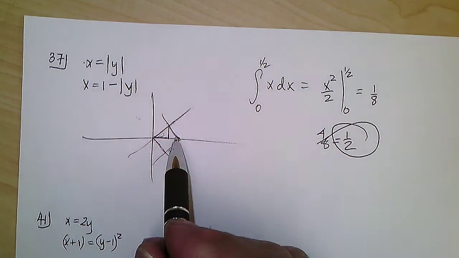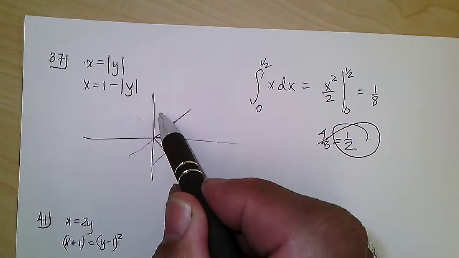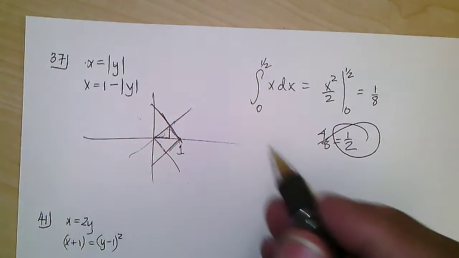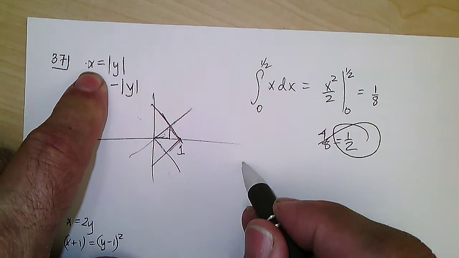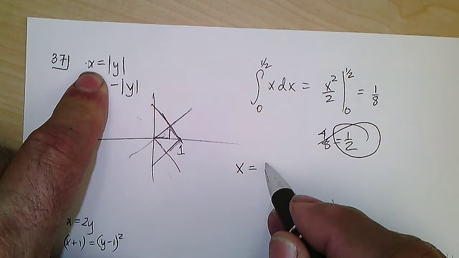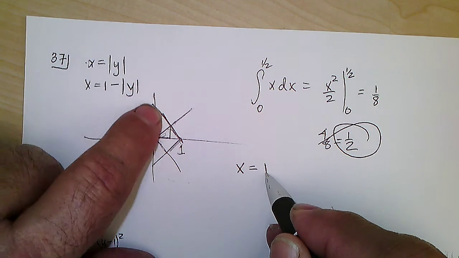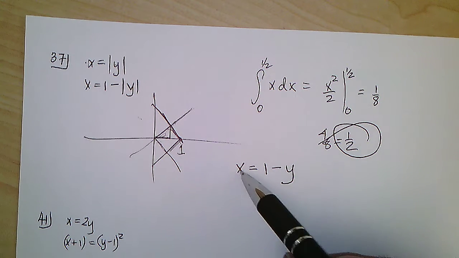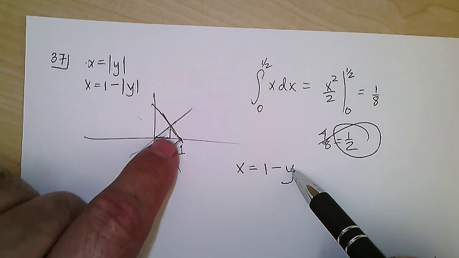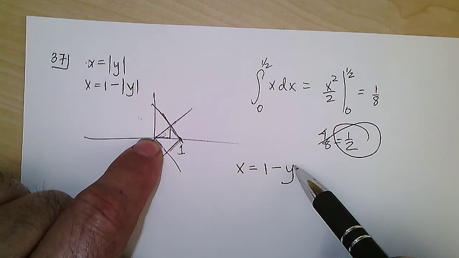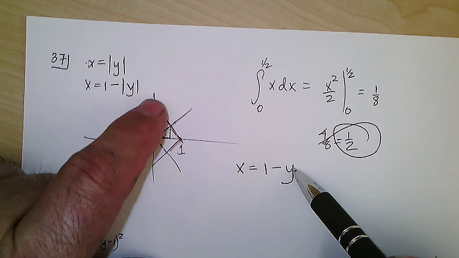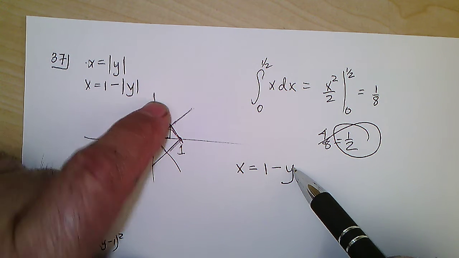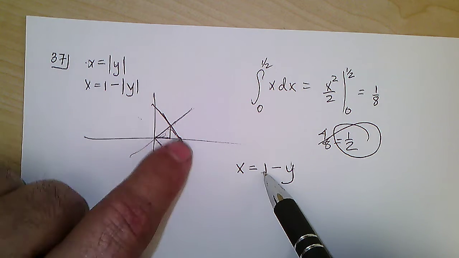Now, they were hoping you would do something like this part or this part. Let's see what the equation of that would be. If we're doing it this way, it'd be x equals 1 minus y, I believe. So when y is 0, we'd have 1, and when y is 1, x is 0.